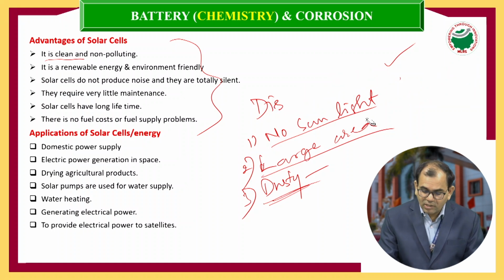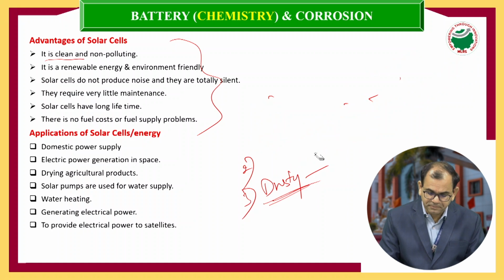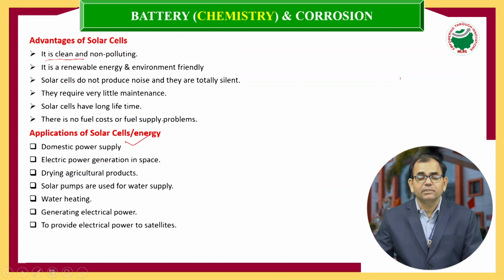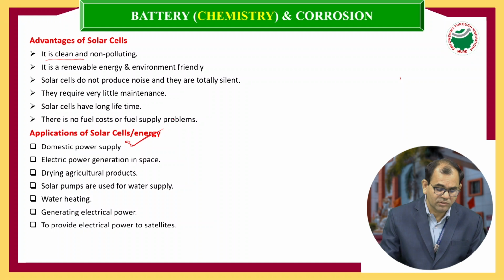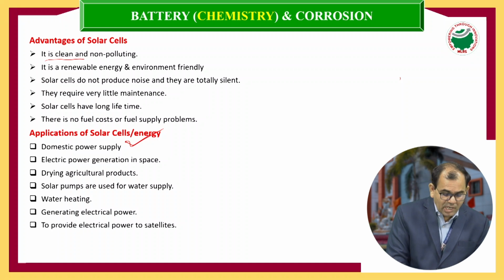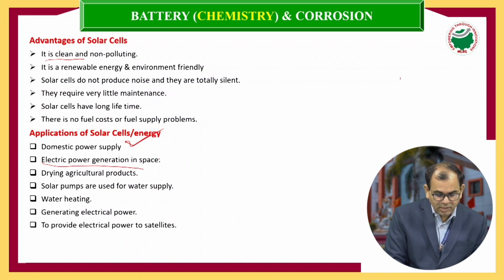Now let us see what are the applications of solar cells. Domestic power supply. Yes, we all know that some house roofs, our living homes' roofs, are fixed with these solar panels, and whatever energy is generated we use for our domestic purposes. Electric power generation in space.